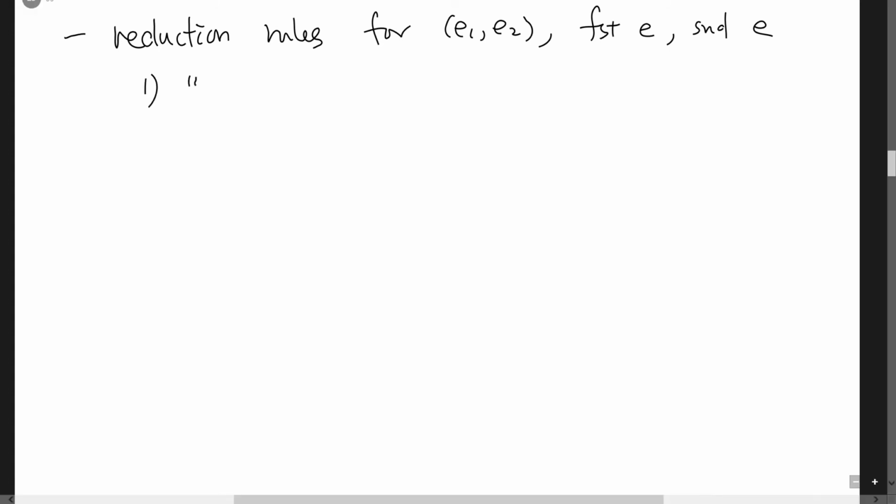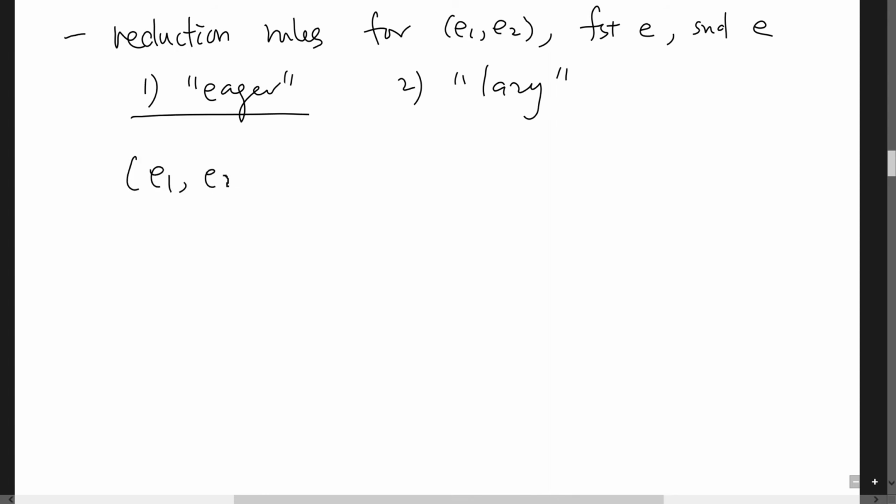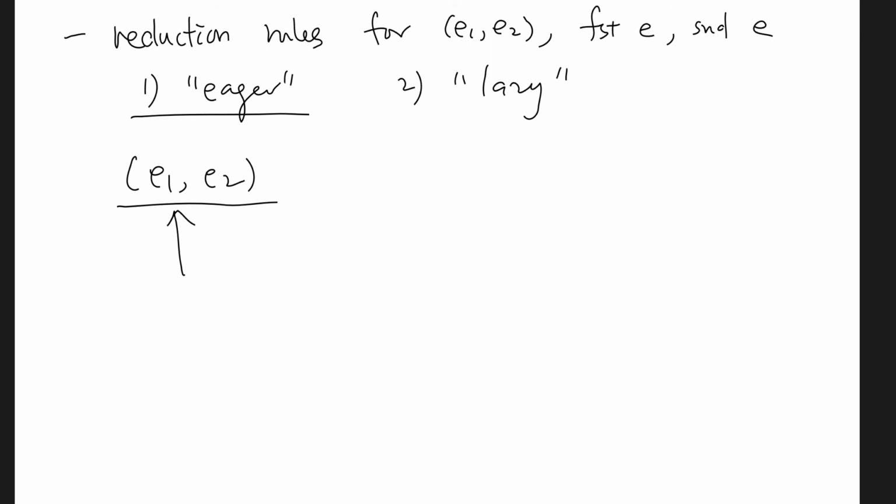There is the eager strategy, and there is also the lazy strategy. In the case of the eager strategy, given expressions E1 and E2, we are not quite happy about the form of this expression, so we'd like to eagerly evaluate this expression E1 to produce a value.